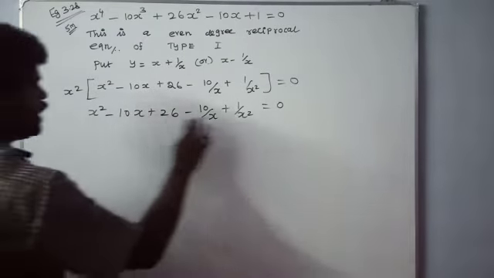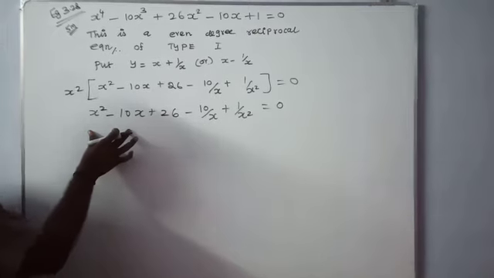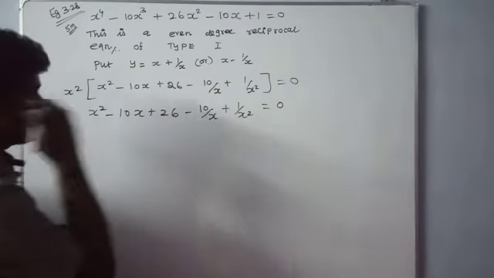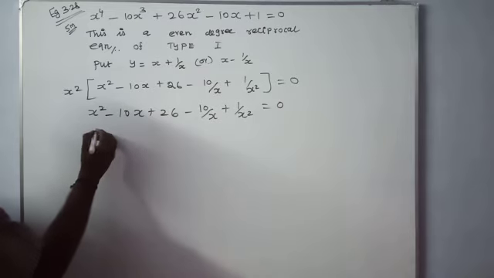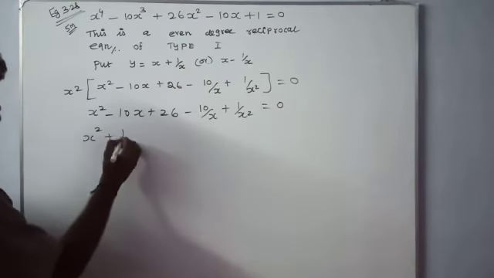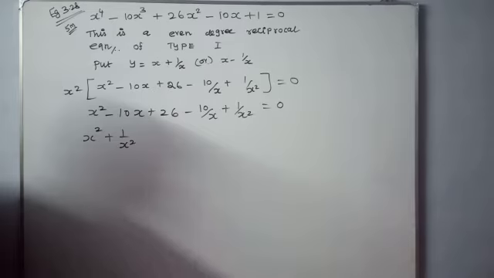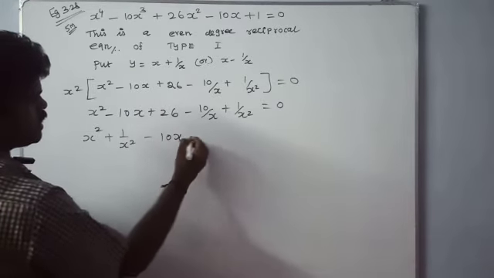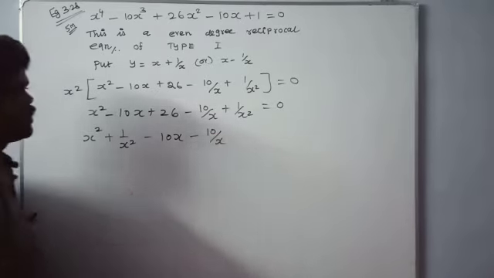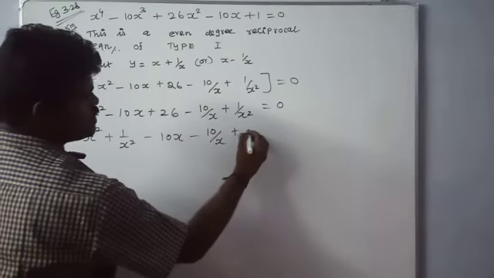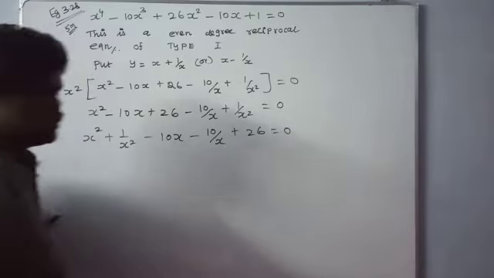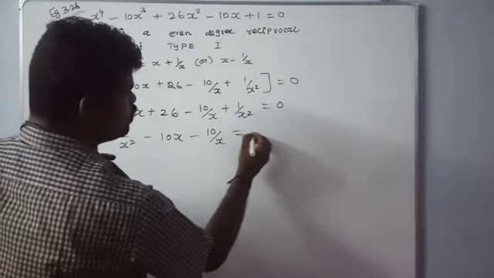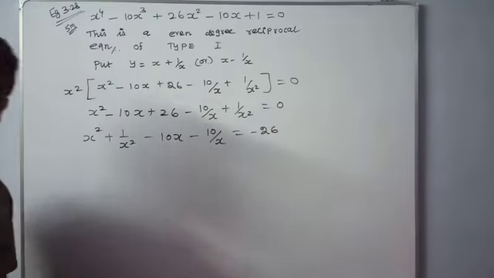And we want to arrange these values. What are the values we want to arrange? Here x square and here 1 by x square. Write adjacently x square plus 1 by x square. And another one, minus 10x minus 10 by x, and plus 26 equal to 0, or otherwise plus 26 goes to minus 26.